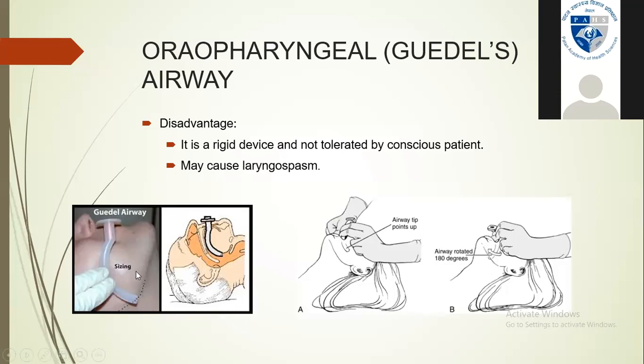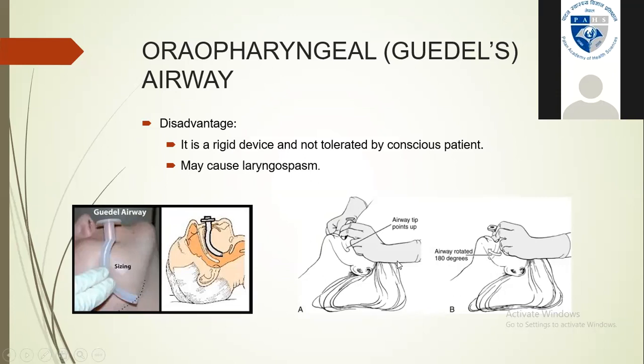The placement is also very simple: we slide the Guedel's airway in with the curve facing towards the nose or upwards, and then simply rotate it 180 degrees, so it pushes the tongue towards the side and prevents its fallback.